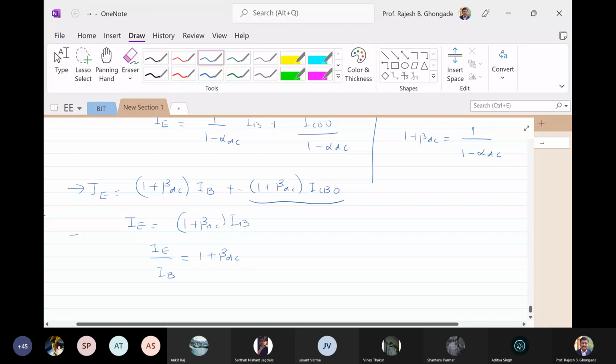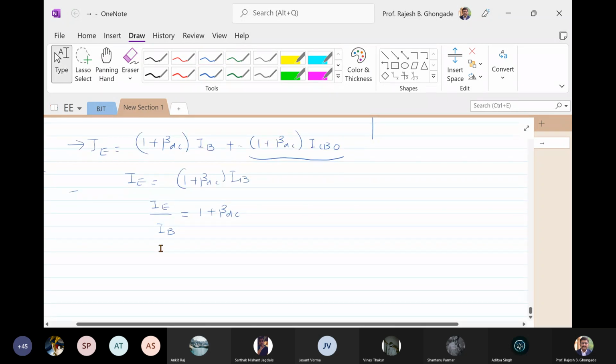All right. So we are just going to see very quickly the characteristics of common emitter configuration and common collector configuration, and that is going to be the end of the bipolar junction transistor configurations. So let me quickly do that.